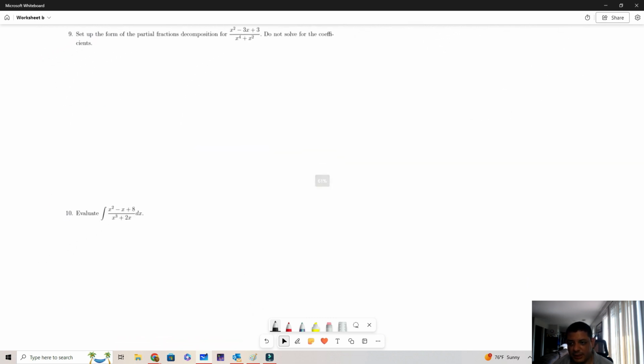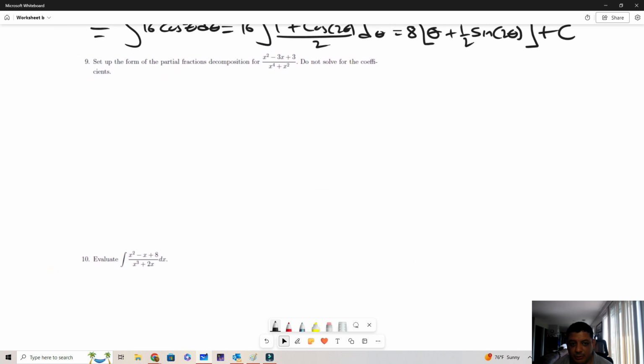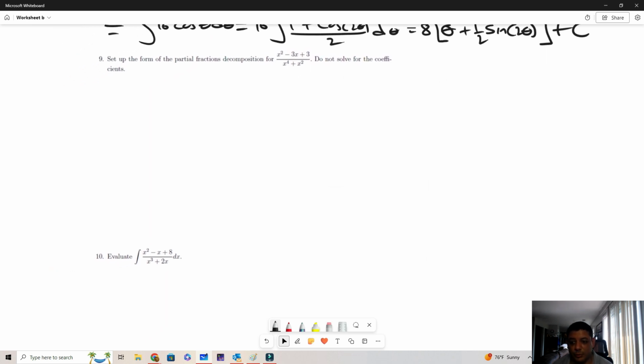Now, number 9 is to set up a form for the partial fraction decomposition for this. And we don't want to solve for the coefficients, so we're not doing everything here. We're just doing the partial fraction decomposition. So this is x squared minus 3x plus 3, and we can factor the denominator as x squared times x squared plus 1.